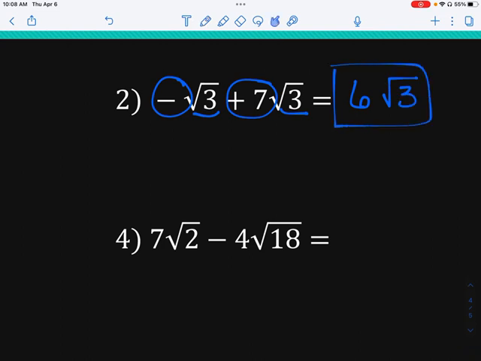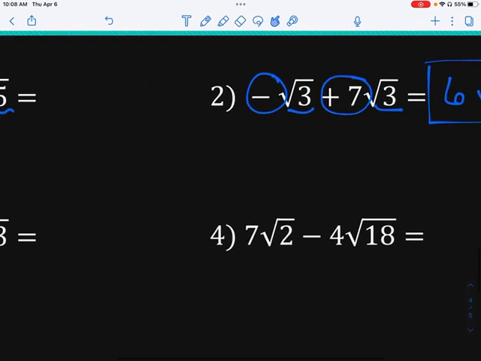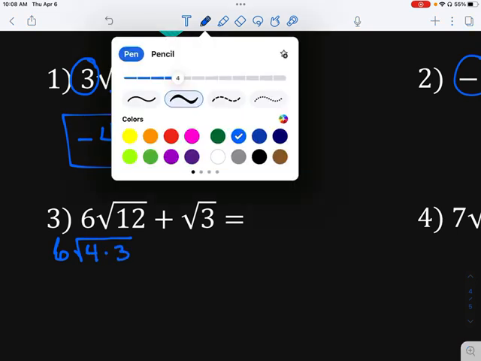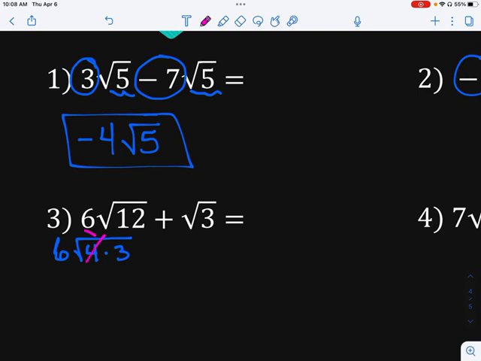Okay, so notice those both had radicals. On number 3, I look and say, oh, wait a minute, 12 has a perfect square factor. So I'm going to do a quick simplify on that. 12 has a 4 times a 3. Now we take that and say the square root of 4 is 2.